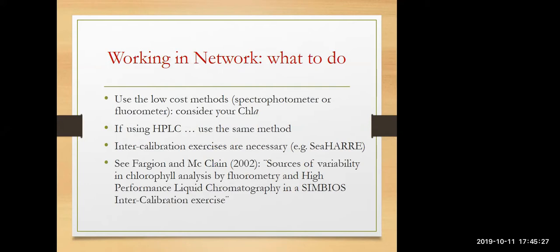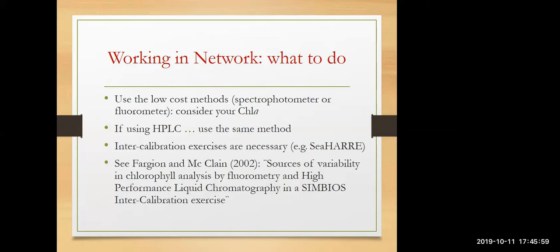Then, if we are using an HPLC, it is recommended that, in order for the data to be comparable, it is necessary to use the same method, for example, the Thomas method. And finally, an intercalibration exercise is highly recommended to evaluate how comparable the data we are generating as a network are.